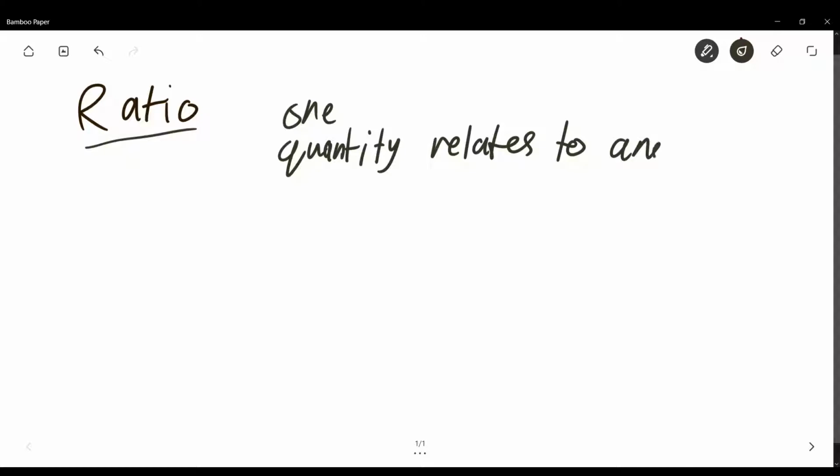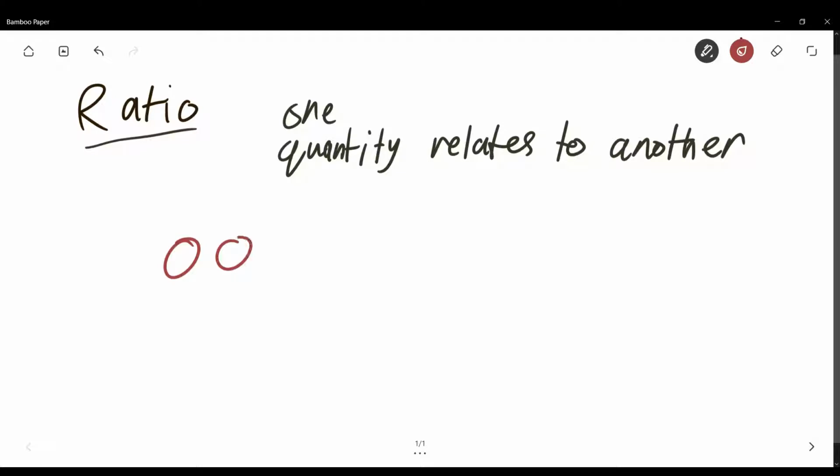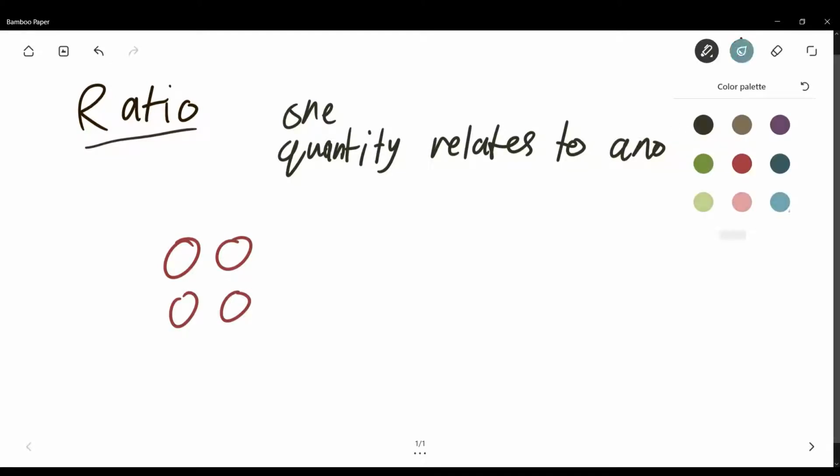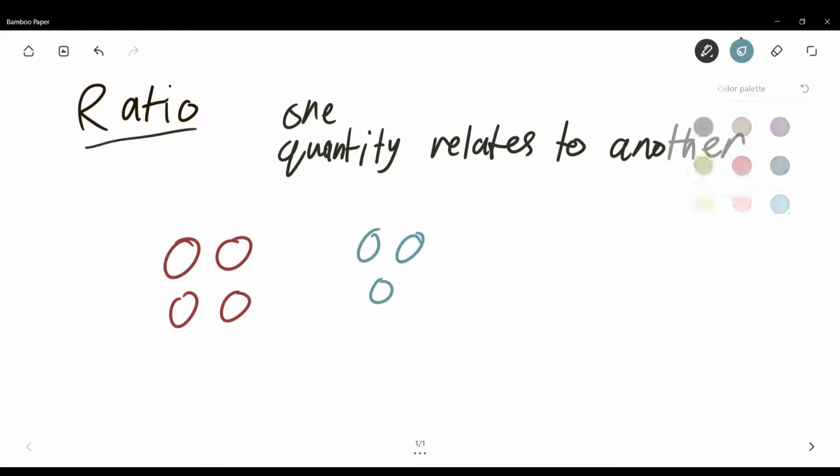One easy example, the simplest example I could give you, is red blobs and blue blobs. If we want to represent the ratio of red blobs to blue blobs, we have to stick to that order.